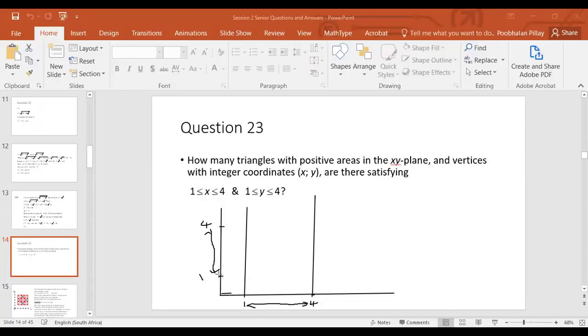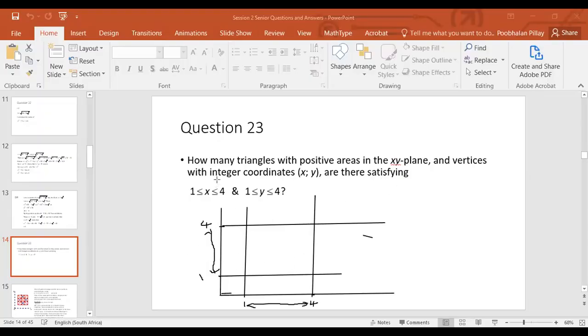In a similar way, all the numbers in this strip here have y coordinates lying between 1 and 4. But you want both of them to be satisfied. So you are looking at all the points in this region. Yeah, it looks like a square, a 3 by 3 square.